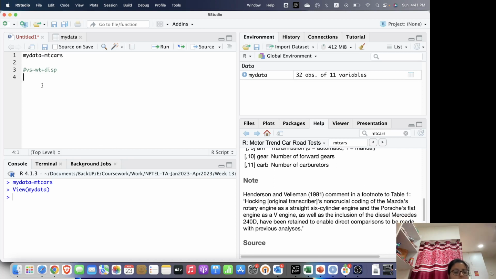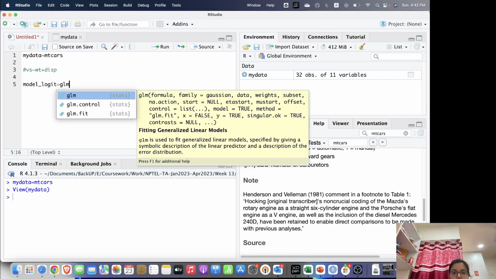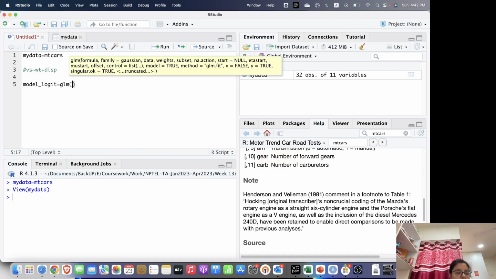Okay. So then I can write model logit equal to, I have to use a function which is known as glm, this one, and write the formula: vs on weight plus displacement.